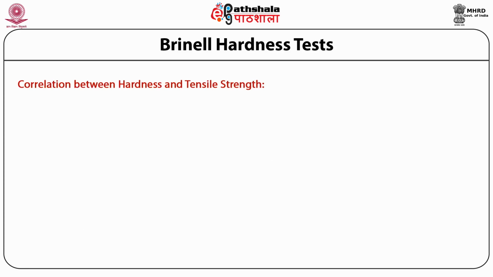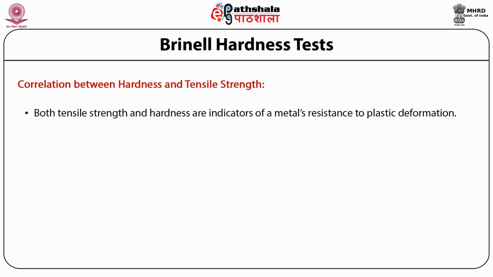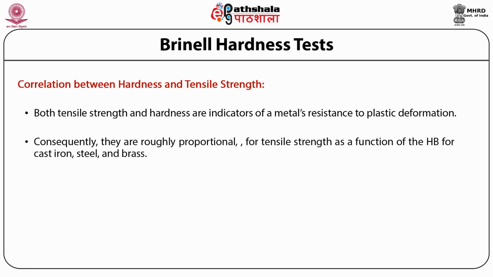Next is the correlation between hardness and tensile strength. Both tensile strength and hardness are indicators of a metal's resistance to plastic deformation. Consequently, they are roughly proportional. Tensile strength is plotted as a function of HB for cast iron, steel, and brass; the same proportionality relationship does not hold for all metals.